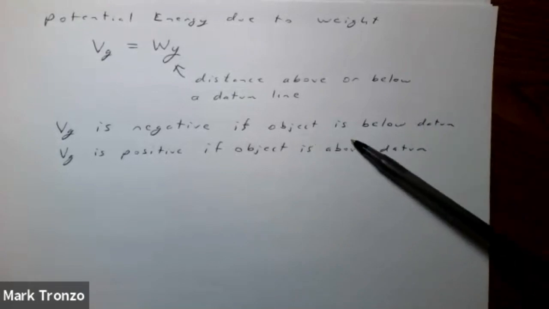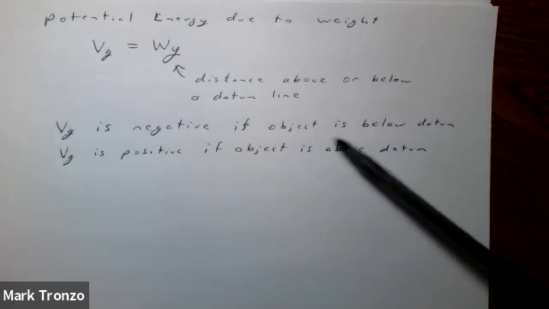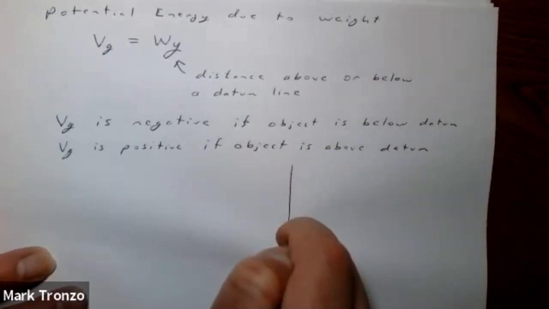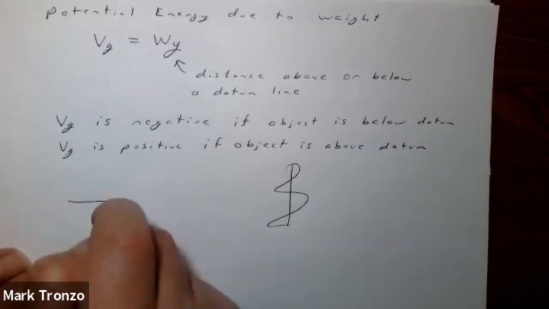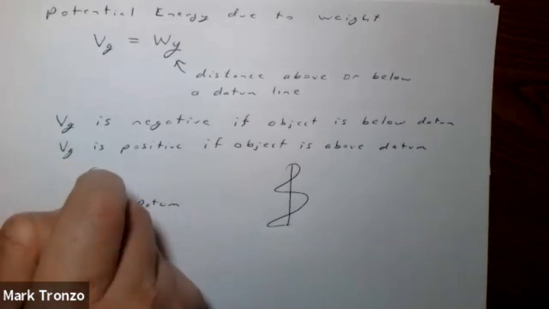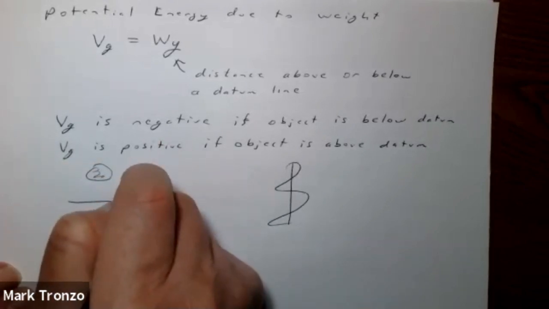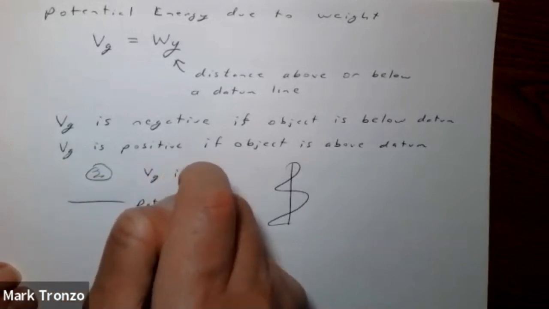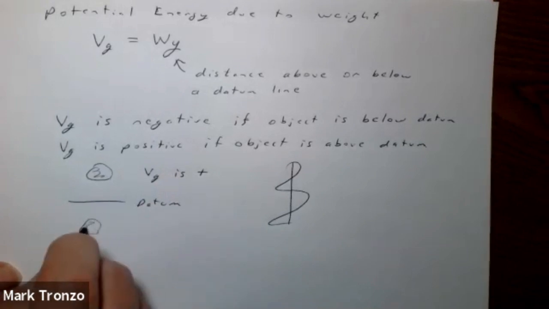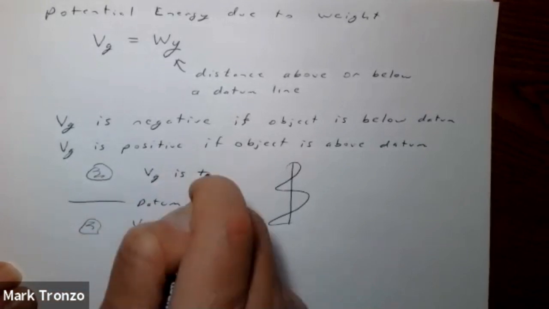And now what we have here is that we're talking more about where it's sitting. So if you draw a picture like this, you have a datum line here, and you have some object up here, then Vg is positive. If the object is down here below the datum line, then Vg is negative.